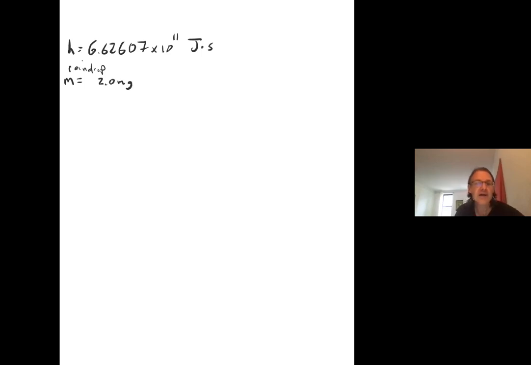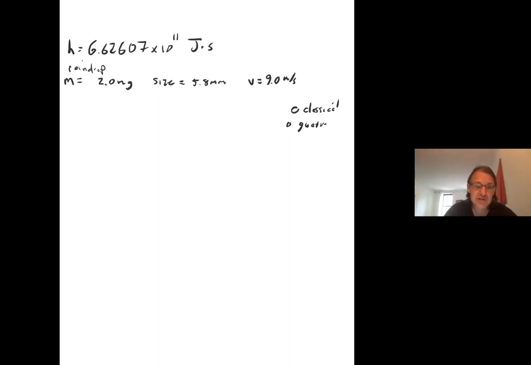It has a size, which is 5.8 millimeters, and it has a speed, your v, of 9.0 meters per second. And we just want to know whether it's going to be classical or quantum.